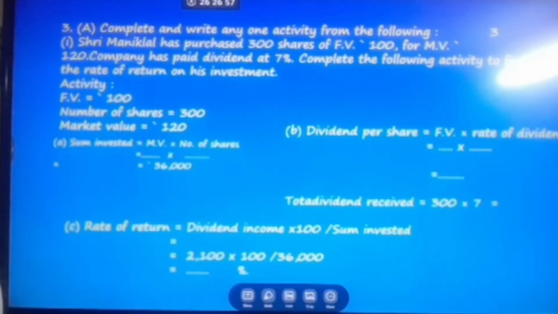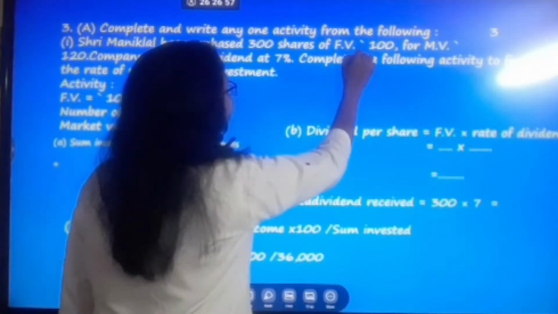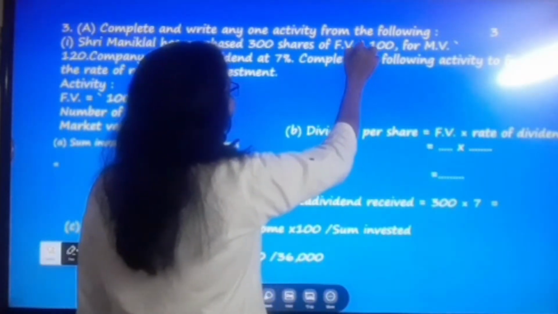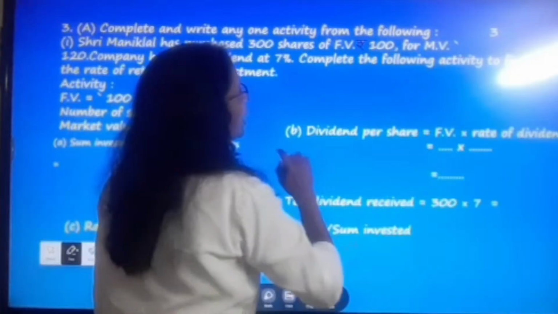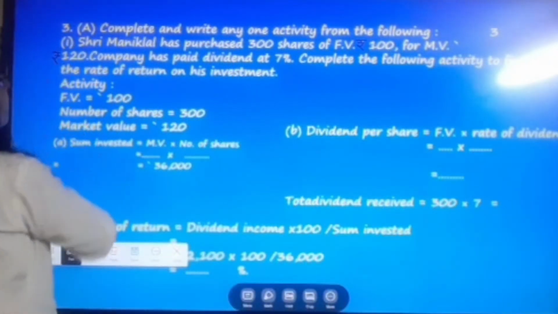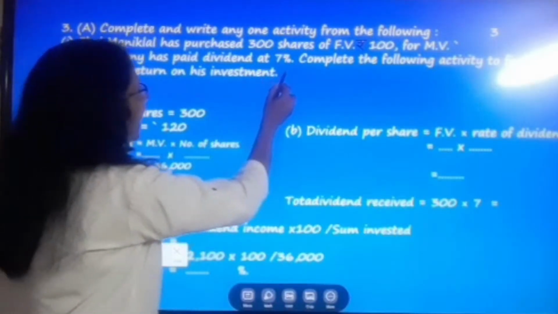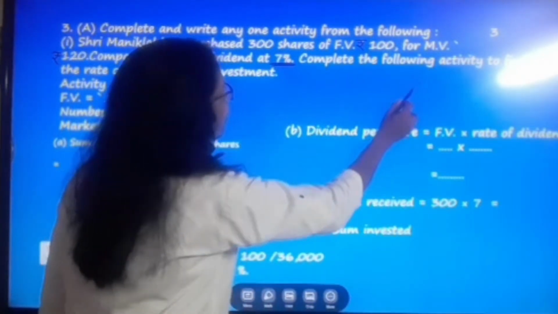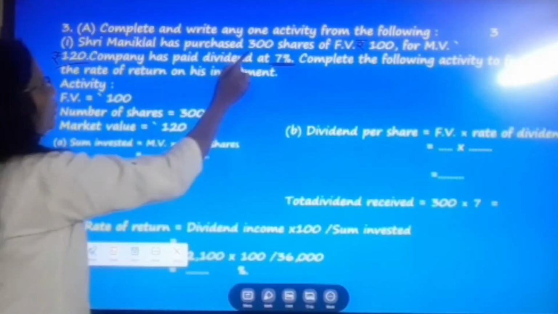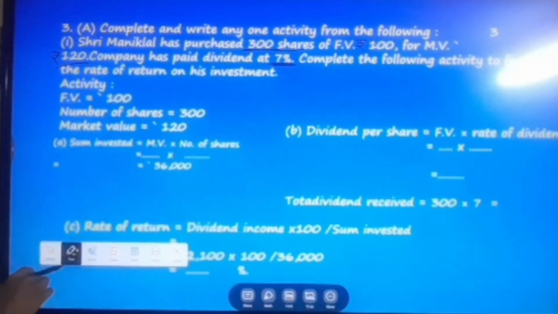Shri Maniklal has purchased 300 shares of face value rupees 100 for market value rupees 120. Company has paid dividend at 7%. Complete the following activity to find the rate of return on its investment.